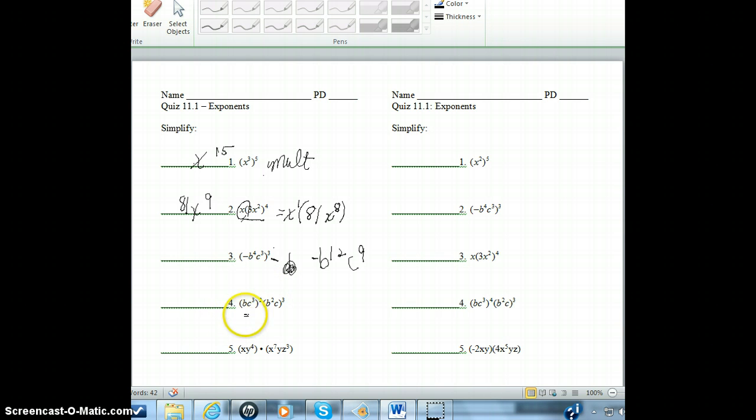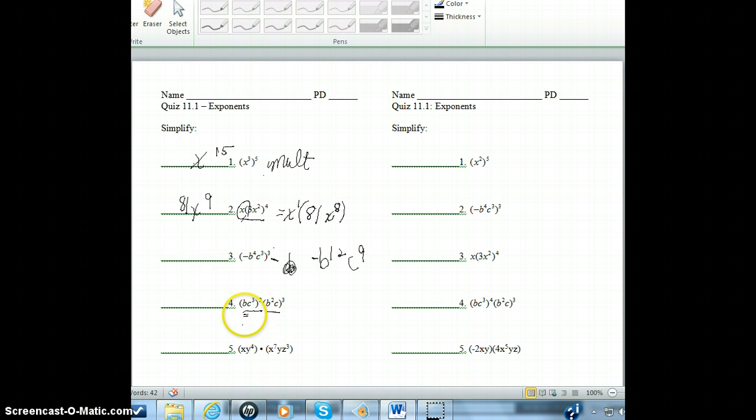Looking at number 4, we have 2 different problems. You have this one, and you have this one. Now notice the first one, this is squared. Everything is raised to the second power in this first grouping here. So what do we do when we have a power to a power? We multiply the exponents.